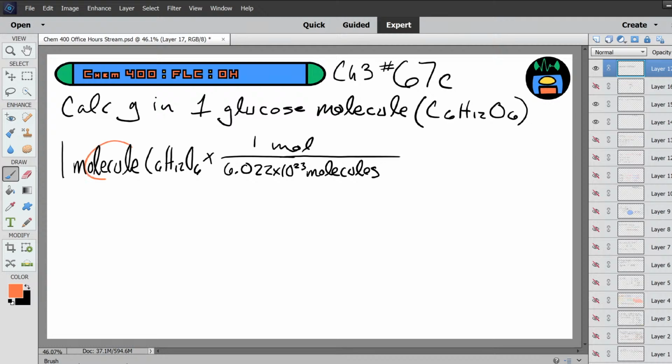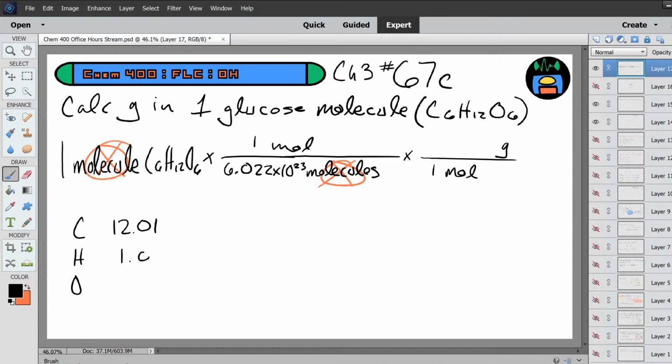So molecules cancel molecules, followed by, now we need to convert from moles to grams. To do this part of the calculation, we need to calculate our molecular mass. And we've got to remember that we have multiples of each of these. So we've got 6 carbons, 6 oxygens, 12 hydrogens.